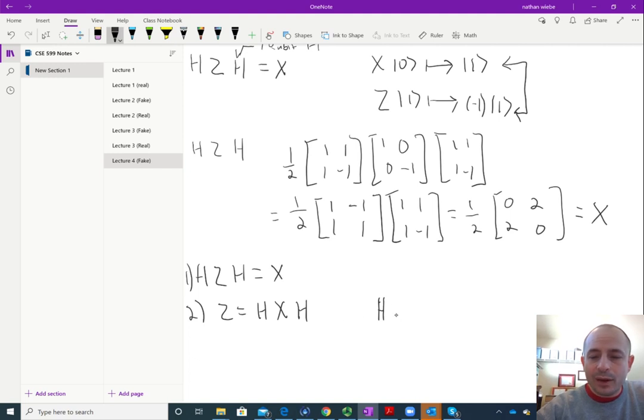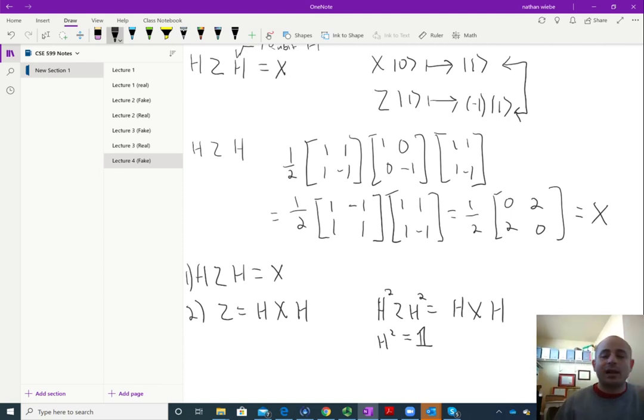If we have HZH equals X, I can apply a Hadamard transform to both sides. Now, using the fact that the Hadamard is Hermitian and unitary, H squared equals identity. Therefore, Z is equal to HXH as well. Okay, cool. So that gives you a good way of interconverting those.